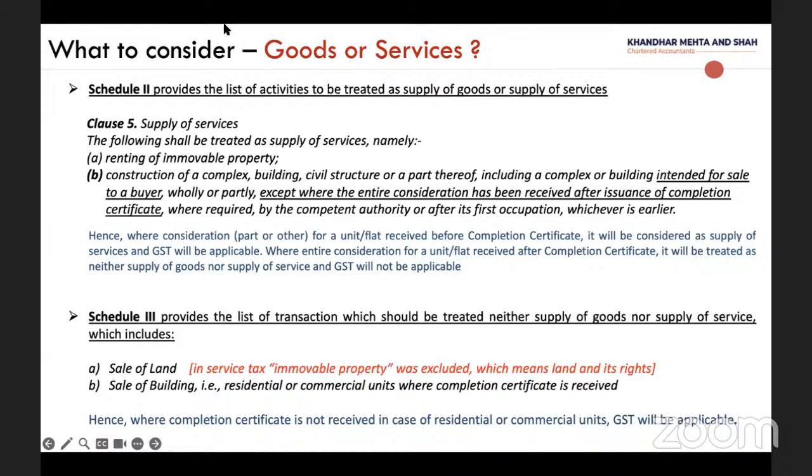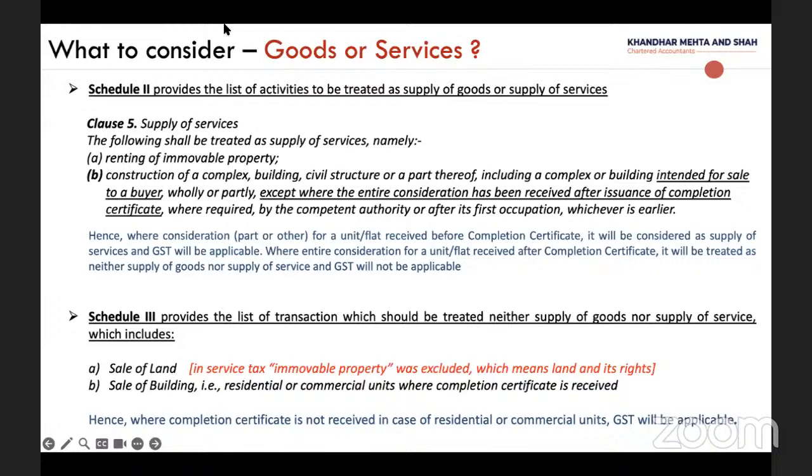So if we correlate the taxability defined under Schedule 2 and the exclusion defined under Schedule 3, a sale of building before receipt of completion certificate would be taxable. But after receipt of the completion certificate, it will not be taxable. It will be outside the purview of GST. Why am I saying outside the purview? Because it will be considered neither supply of goods nor supply of services. So it is not an exempt supply; it is a non-taxable supply.